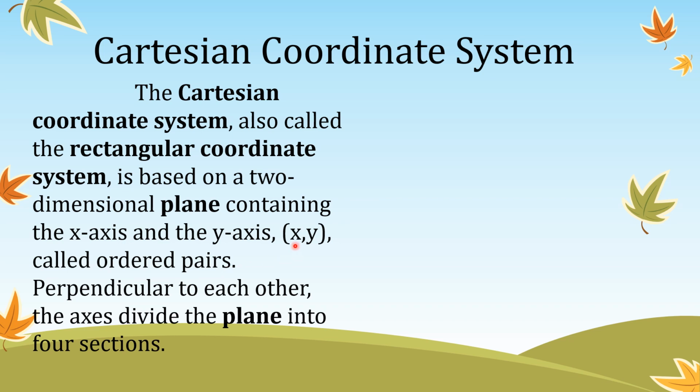So we have the x-coordinate, also called abscissa, and the y-coordinate, also called ordinate. So why is it called ordered pairs? Kasi hindi pwedeng magkapalit ang posisyon ni x at ang posisyon ni y. And this rectangular coordinate system is divided into 4 sections.